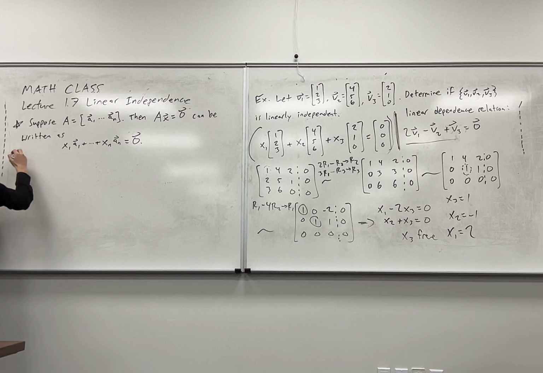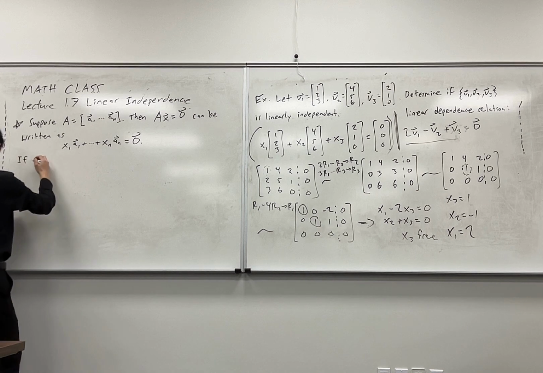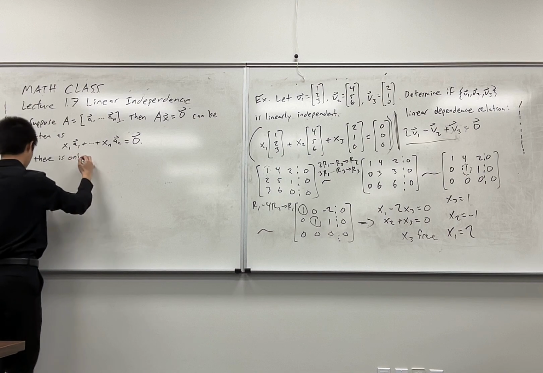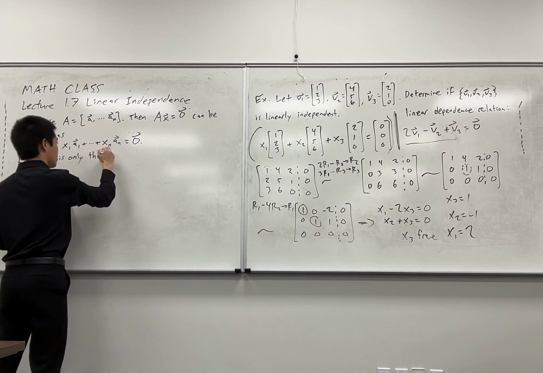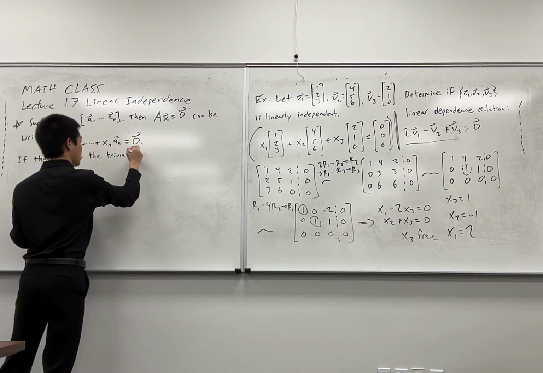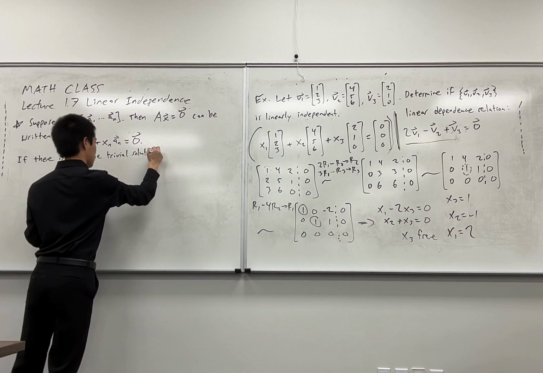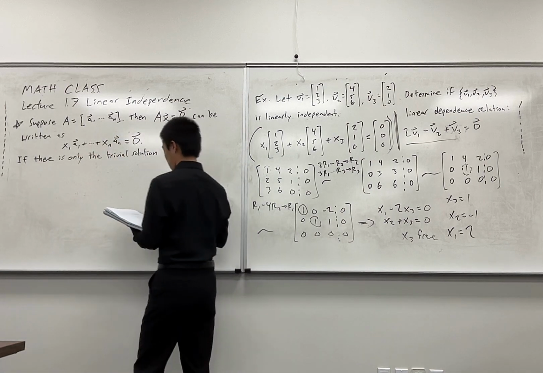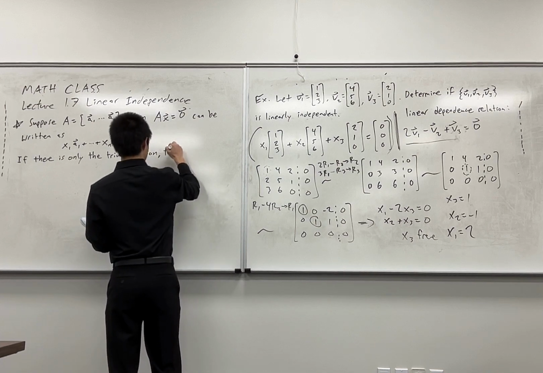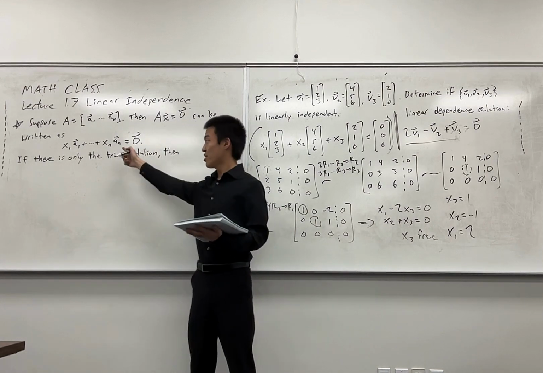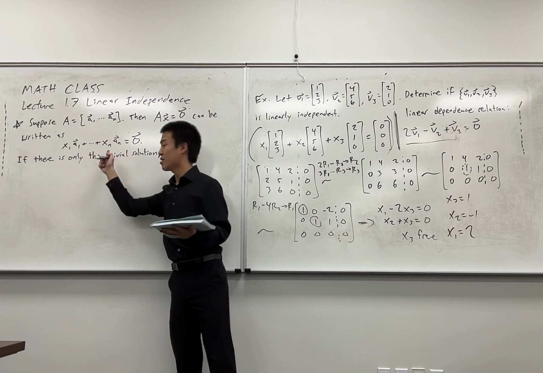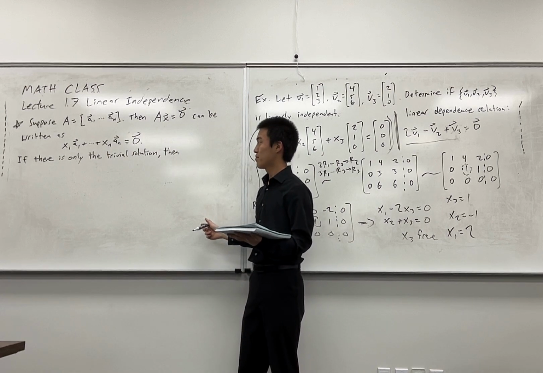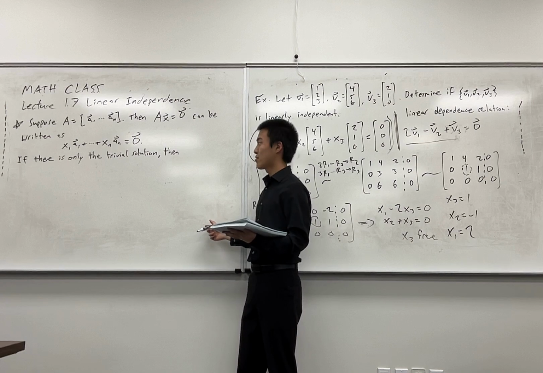So if there is only the trivial solution, so we're given this condition, then what do we know to be true by definition about these vectors a1 through an? They're literally independent. Independent, yes.